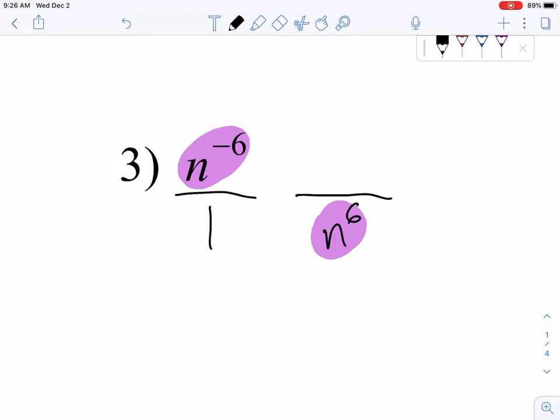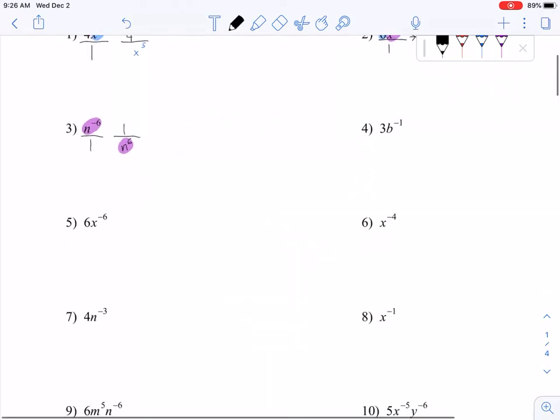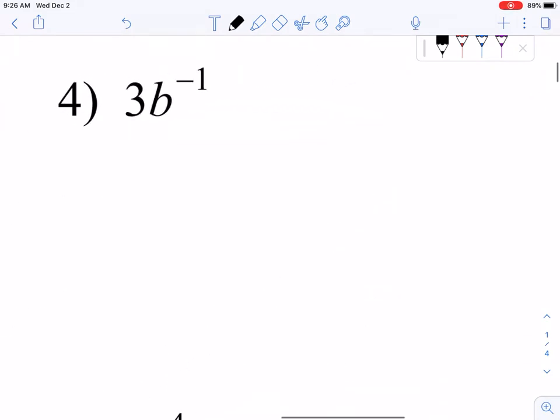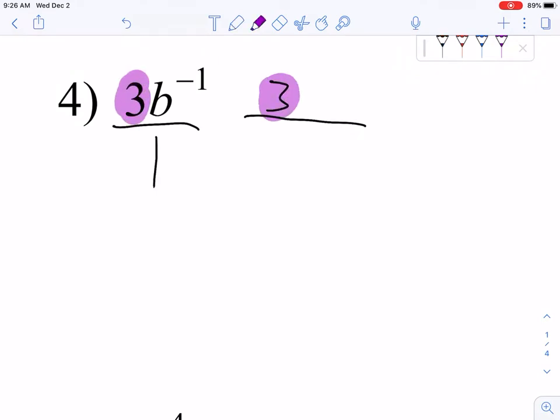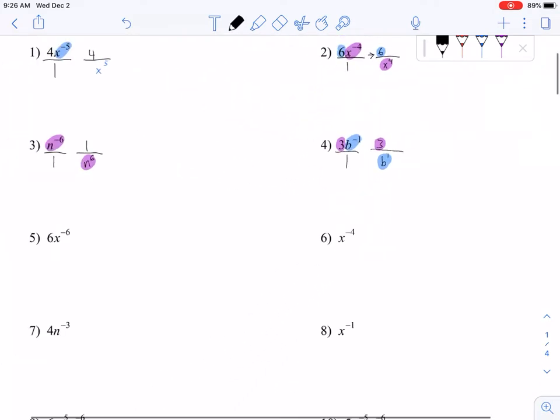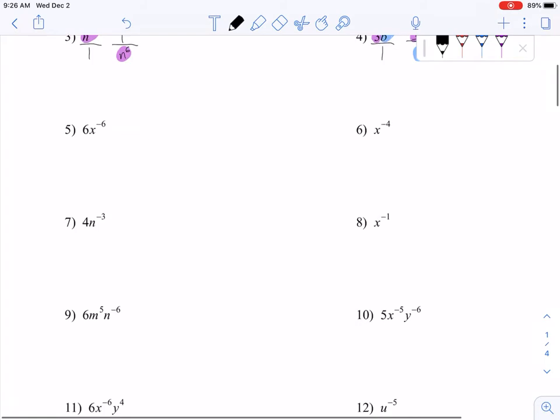So if I have nothing to write down, I can just write a 1 as a placeholder. Okay, so number 4, the 3 is fine where it's at because that's its own thing. The b to the negative first is unhappy, and so it needs to be moved to become positive. Okay, let's take a look at the next one.